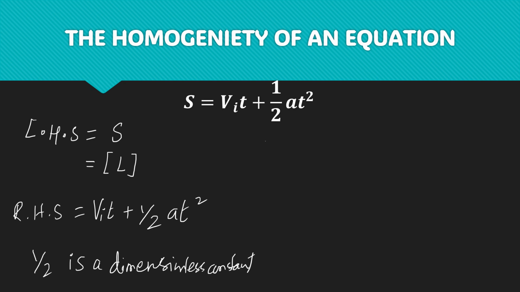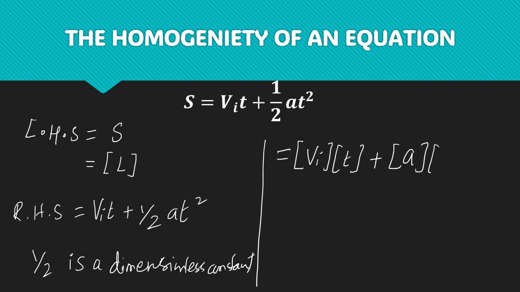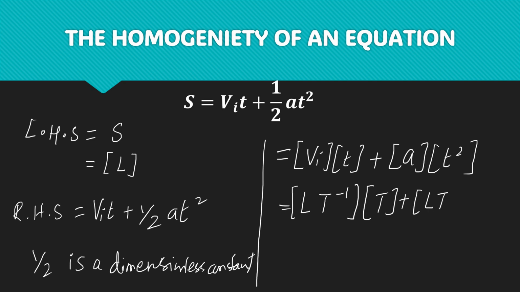Now the equation will become vit plus at square. The dimension of the velocity is Lt minus 1. The dimension of the time is t. The dimension of the acceleration is Lt minus 2.